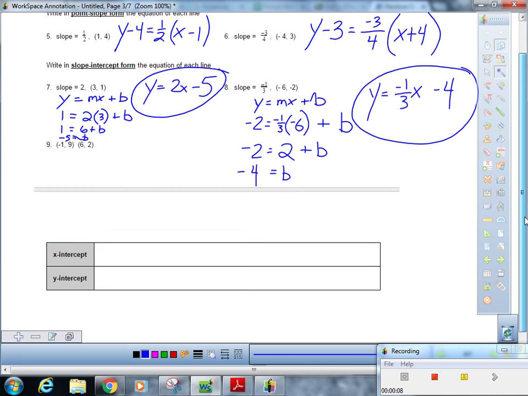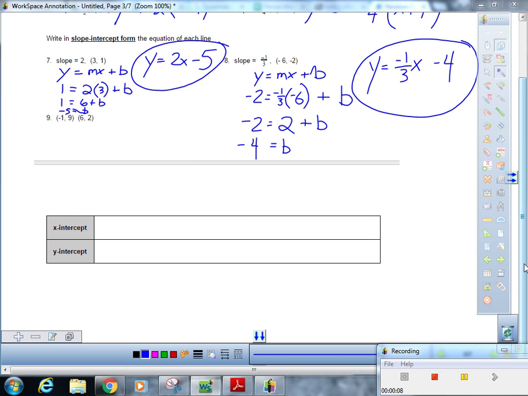Okay, so the x-intercept is the point where the line touches the x-axis.